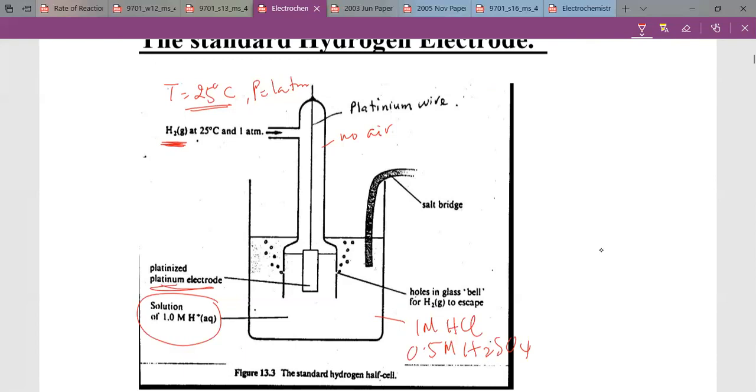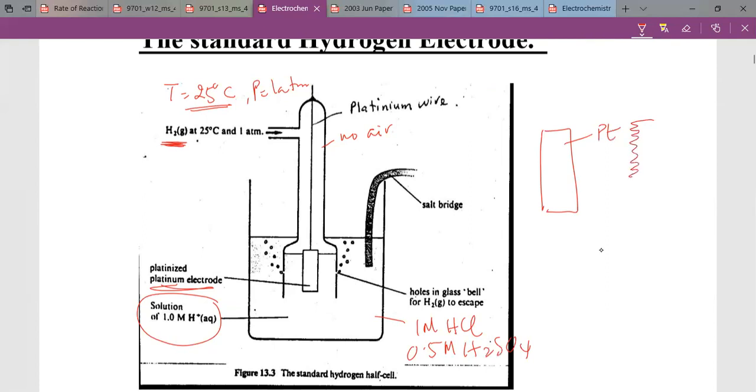It got platinized. Platinized means, let's say now this is a flat piece of metal, pure shiny platinum. The surface is very smooth, but so smooth that it's not very activated. So what they do is they coat it. They undergo anodization, and the surface here is like this, coated with platinum.